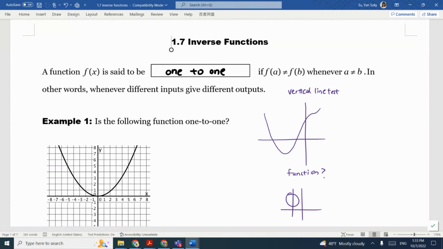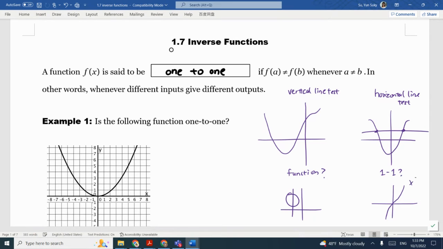Yes. And the horizontal line test helps us to figure out whether a function is 1-to-1. For example, this one is not 1-to-1 because you see that line intersects the graph twice. But this one, like x cubed, is 1-to-1.